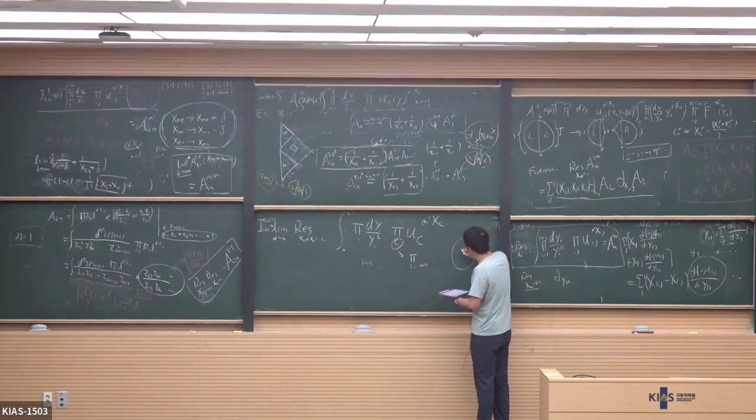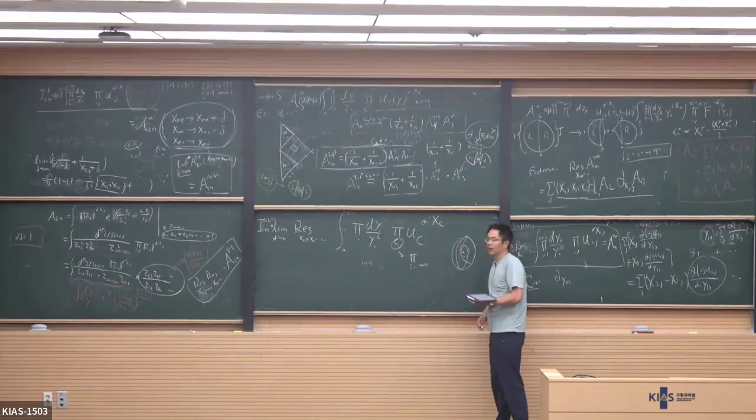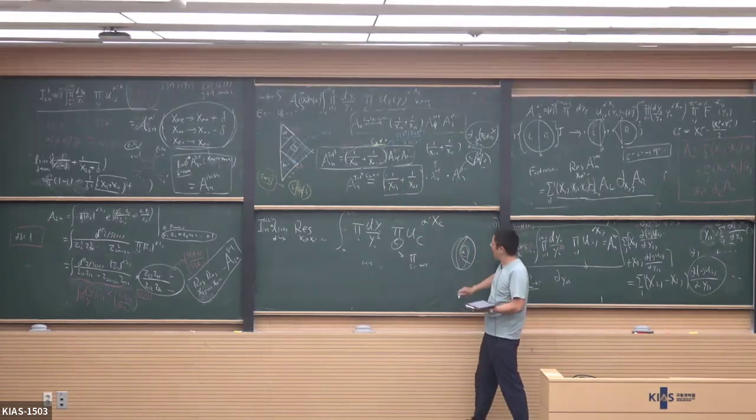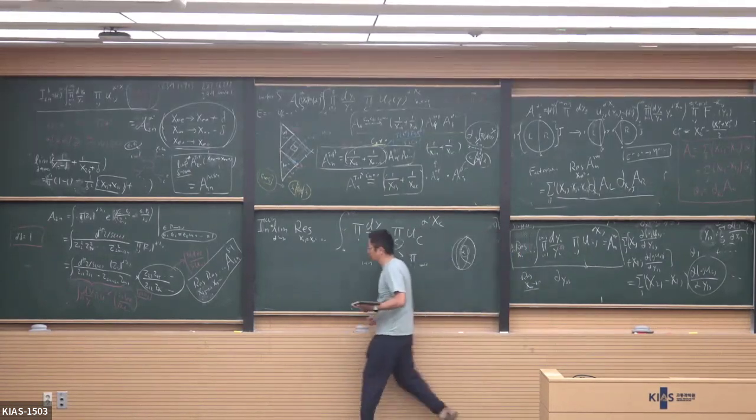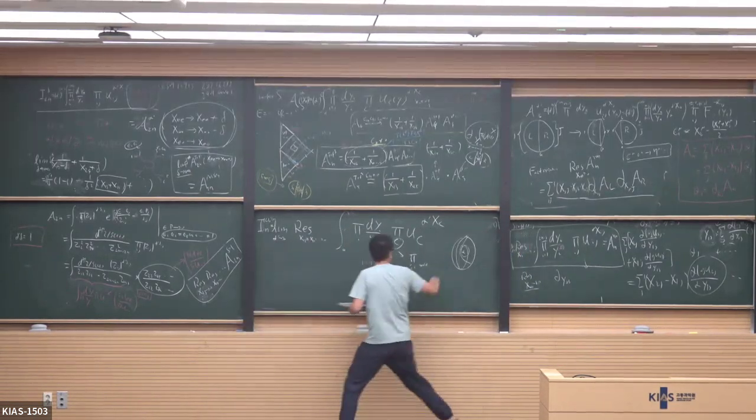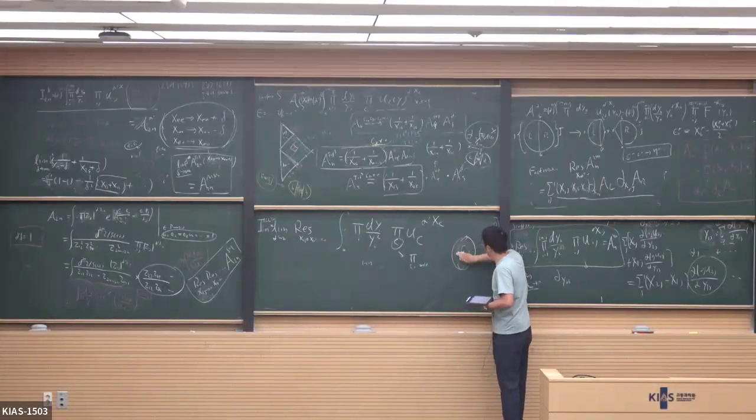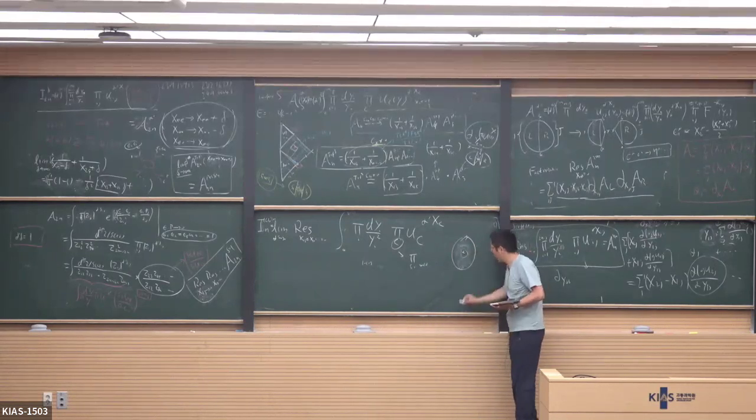So here you have your loop puncture, and you can have this kind of thing. External guys can go like this, or they can wind around once and so on, okay? So you have to include those. And there's a very important curve that so far I didn't show you, which is very important when you compare to really all loop, even one loop bosonic string tachyon amplitude, right?